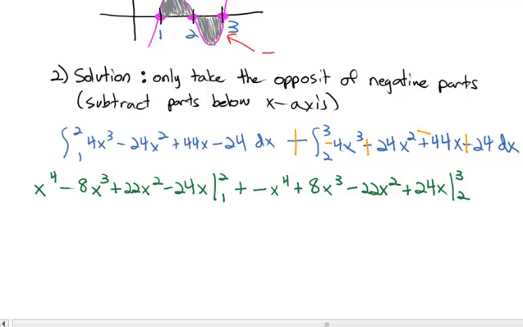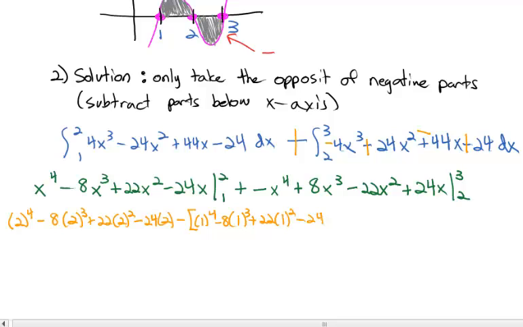Now we just have to plug our values in. It's going to turn into a long addition subtraction problem. Fortunately, our calculator is going to help with the ugly part. We've got 2 to the 4th minus 8 times 2 cubed plus 22 times 2 squared minus 24 times 2. And then we subtract the whole thing in parentheses: 1 to the 4th minus 8 times 1 to the 3rd plus 22 times 1 squared minus 24 times 1. Close the parentheses.